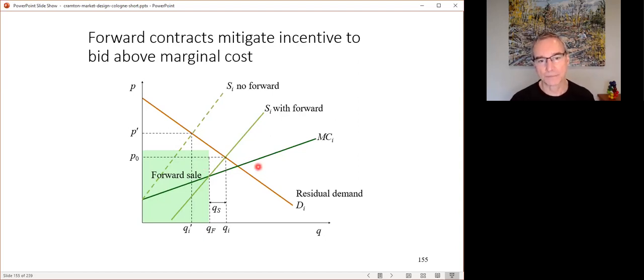But almost all the time, this is what the market participants do, and it's extremely helpful. And in fact, one form of market power mitigation is to mandate forward sales. And some markets do that to some extent.